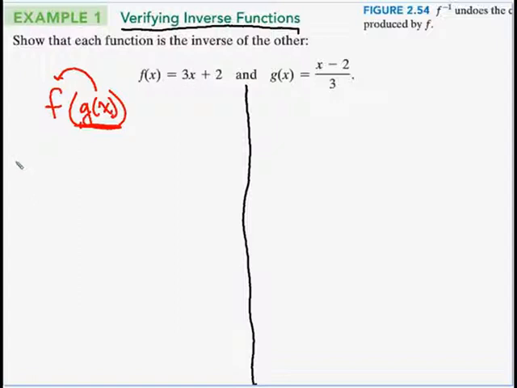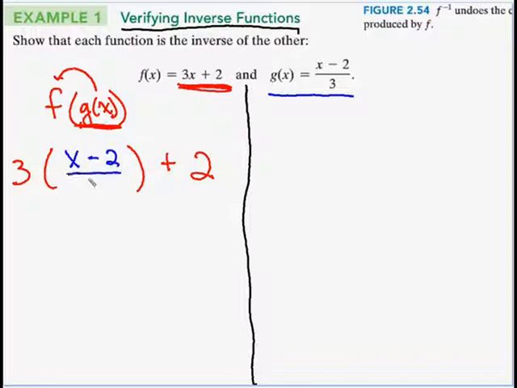So I like to start these by copying the outer function without the x. So this was 3x plus 2. And now I'm taking the x out, and I'm going to replace it with the entire g function, x minus 2 divided by 3. And let's see what happens here.